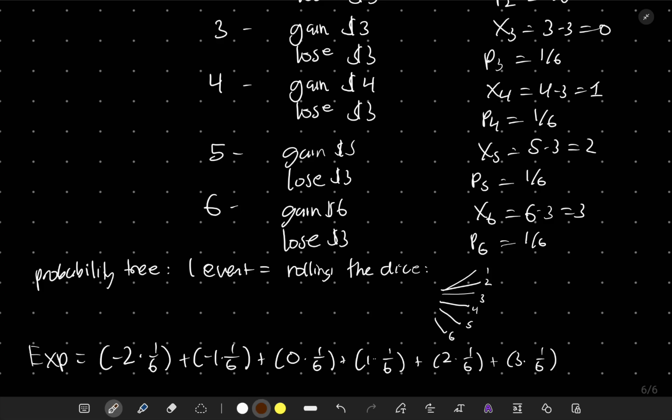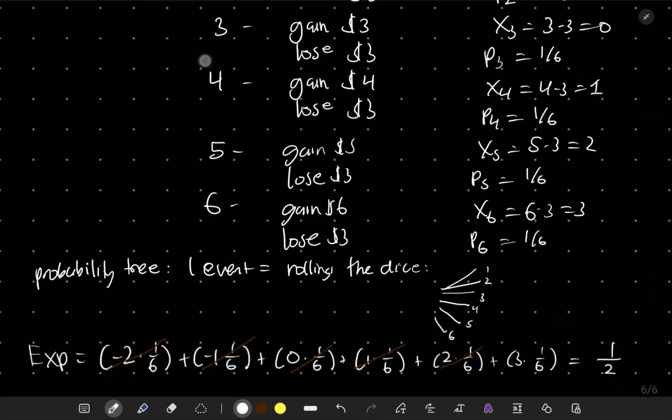For the sake of this, you can cancel these out instead of just calculating them: the 1/6 and the negative 1/6. The 0 just becomes 0. So all that we're left with is 3 times 1/6, or 1/2. So that means I will at least gain some money. I won't gain a lot, but I will gain some money.